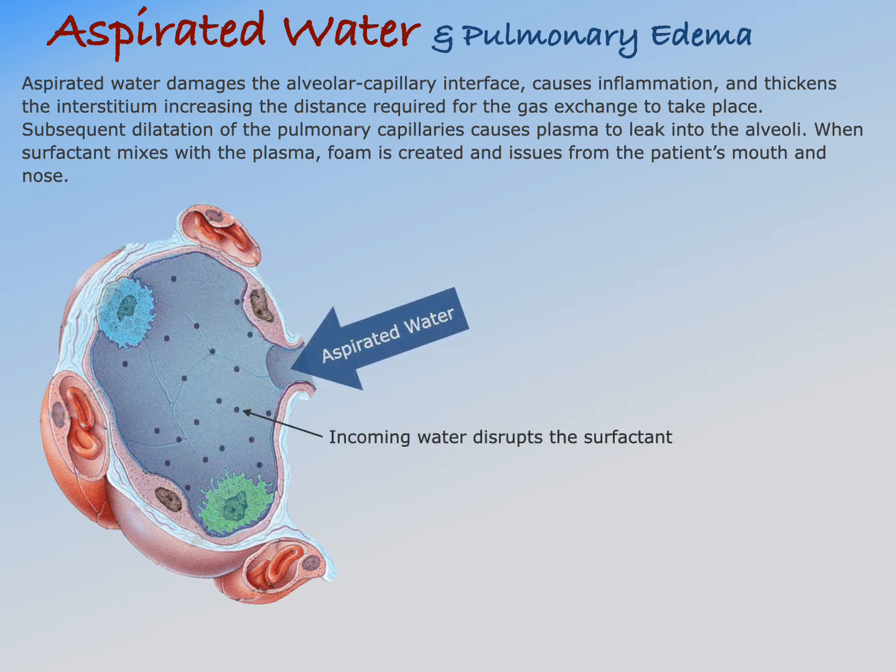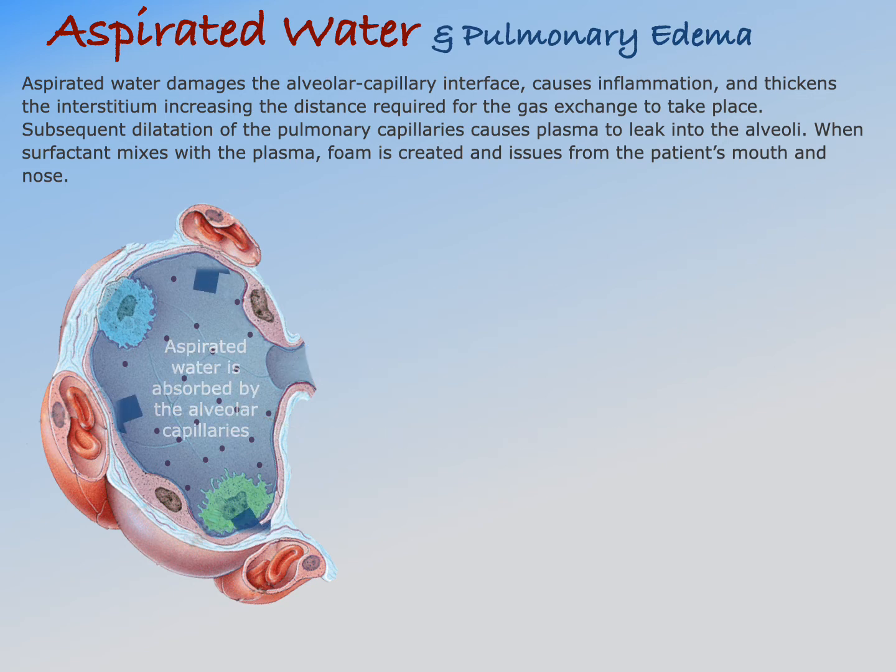So you aspirate water, and that incoming water disrupts the surfactant. And in this drawing here, the surfactant are these dots, and there'd be thousands and thousands of those dots in each alveolus. Okay, so it disrupts it. It washes it off the surface of each alveoli.